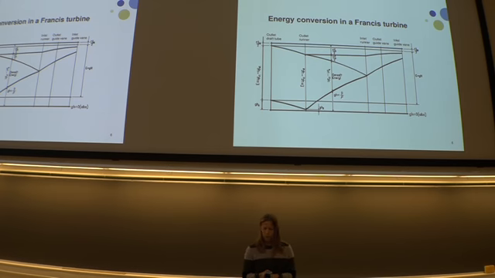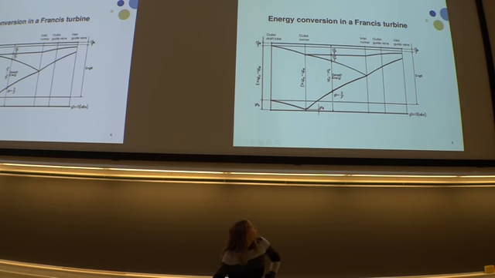This diagram is showing the energy conversion in a Francis turbine, and the reason why we need the draft tube is because it is increasing the efficiency of the runner. Can you see this one?